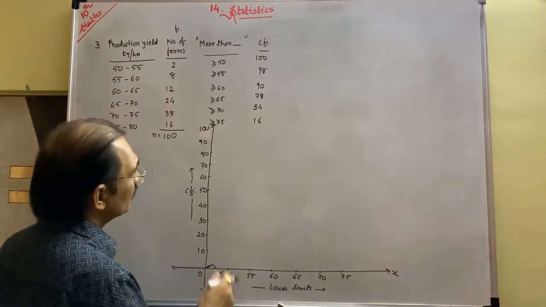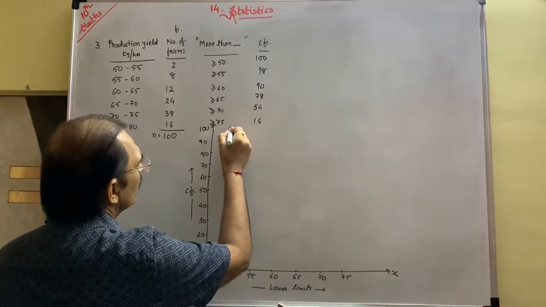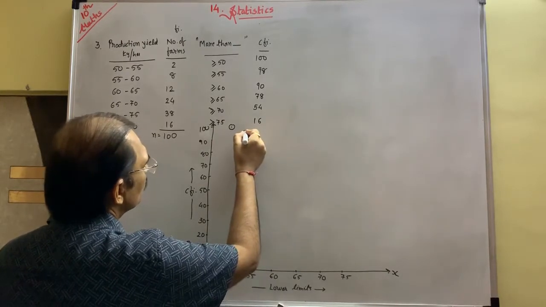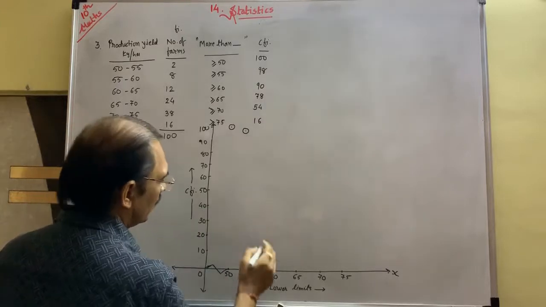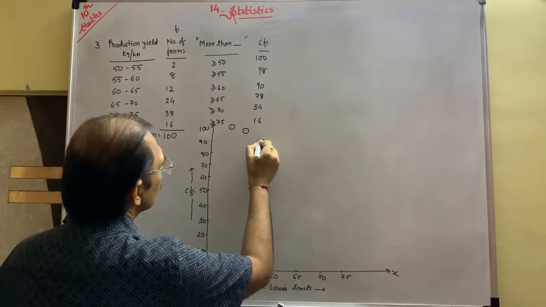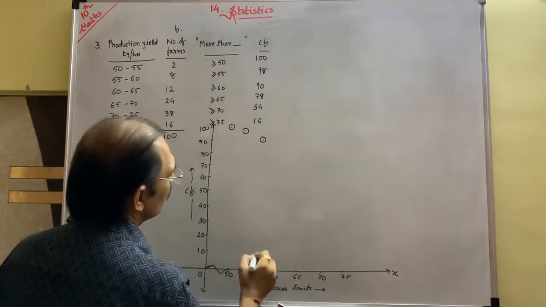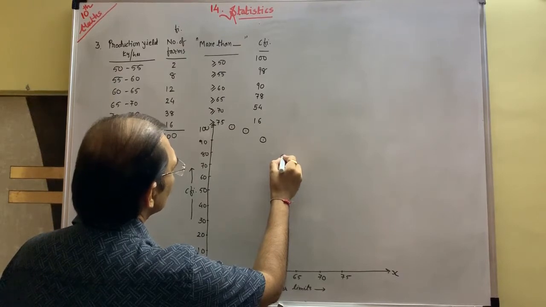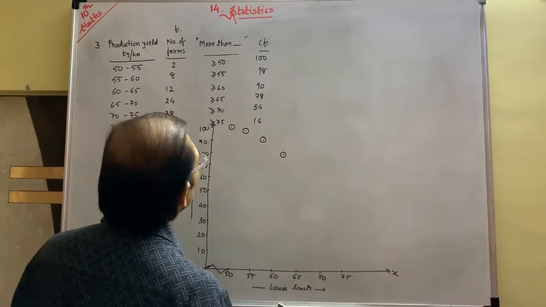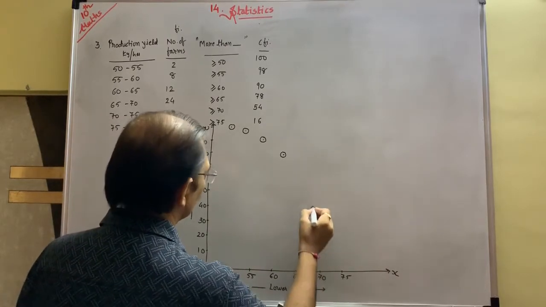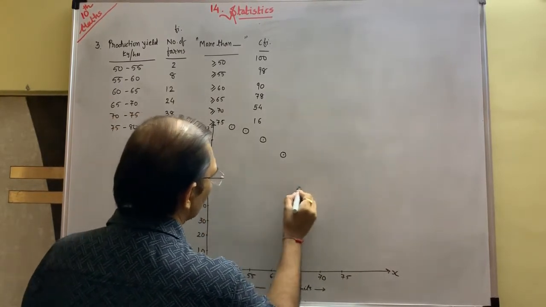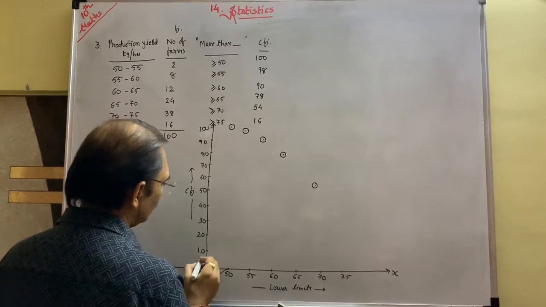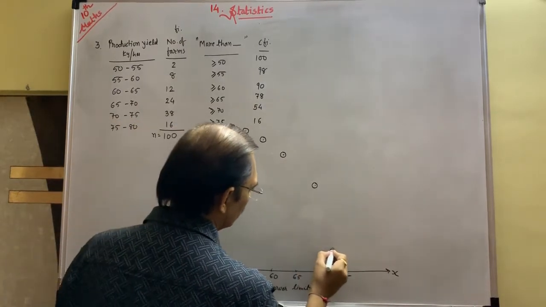Now see, 50 means 100, 55 is 98, close to 100, then 90, then 78, below 80, then 70, 54, exactly this is 55, so below this, and 75, 16, this is more than 15.